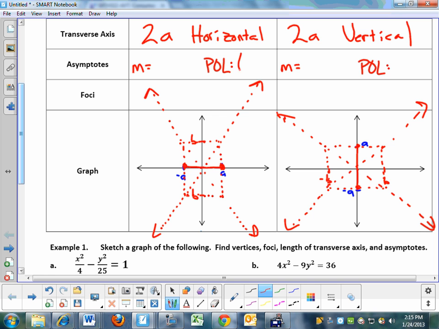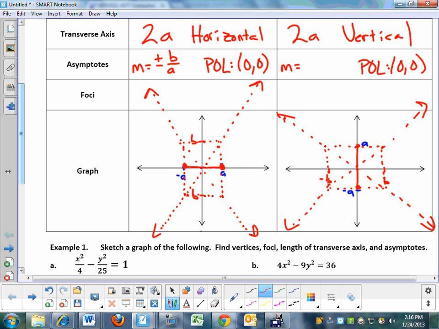But for this sake, we could call it 0, 0. That will change when we shift it. So I know it passes through 0, so it has a y-intercept of 0. So now I really just need the slope. Well, look at the first one. If I go from 0, 0, I go up how many units? B, and I go over a. So the slope would be b over a. So m is equal to plus or minus b over a, because you have one line that has that positive slope, and then the other line has that same slope, but it's negative.